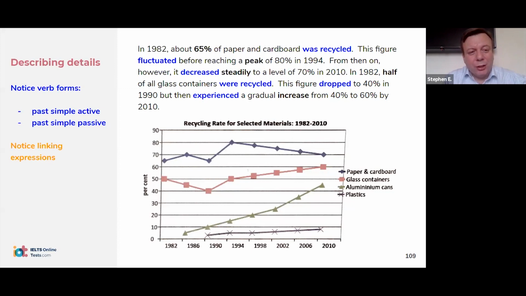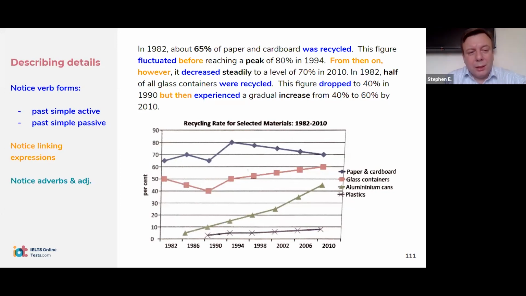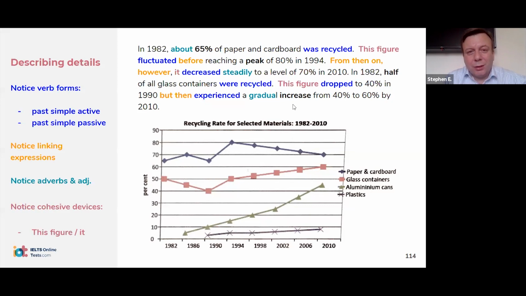Then linking expressions: from then on, before, however, but then, and then adverbs and adjectives: about, steadily, gradual. And then cohesive devices: this, figure, it. So we've got a nice range of vocabulary all the way through. Just have a quick look at that. So a good range.